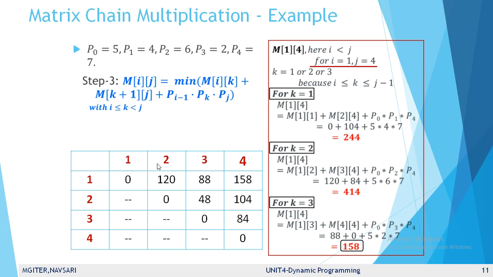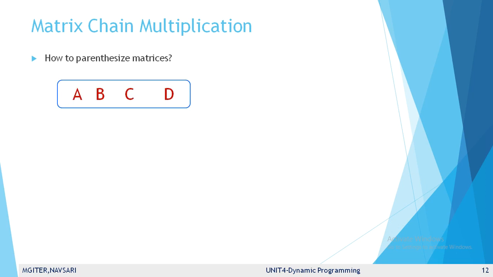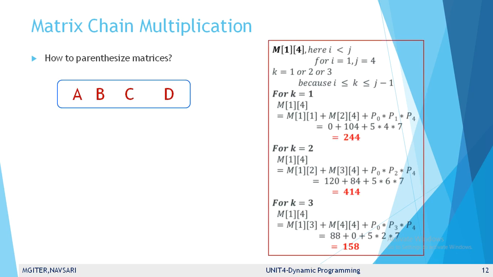Now to multiply the 4 matrices A, B, C and D, how much computation is required? 158. Now the next question is how to parenthesize to achieve that required computation of 158. For that we look at the table.